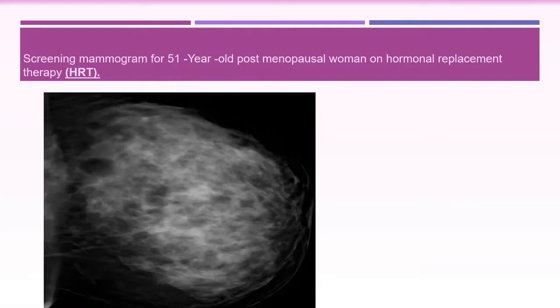Yes, rare sclerosing papilloma is one of the differential diagnoses, but more than that, radial scar. Yes, could be radial scar, or complex sclerosing lesions, adenosis.